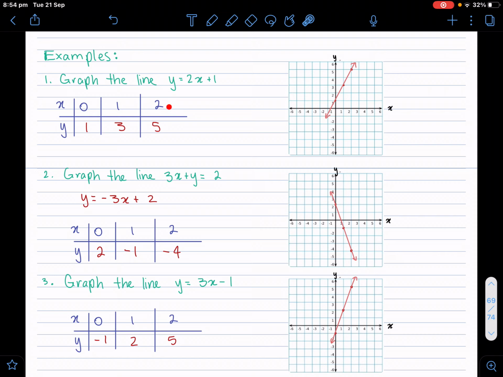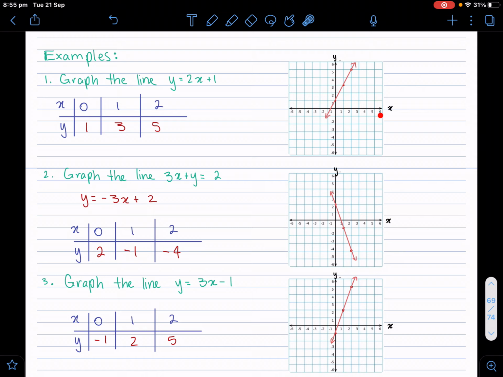You can pick any x values you want if they're not given. So how do we look at what x values to pick exactly? Well, you have a look at your Cartesian plane. If I look at this Cartesian plane, the x values go from -6 all the way to 6. So I can pick as many values as I want between -6 and 6 to try and find their y values.